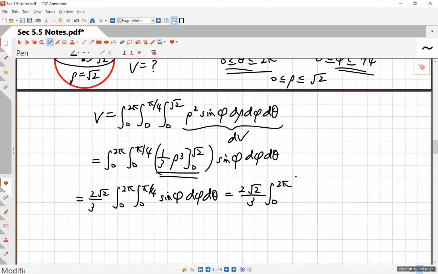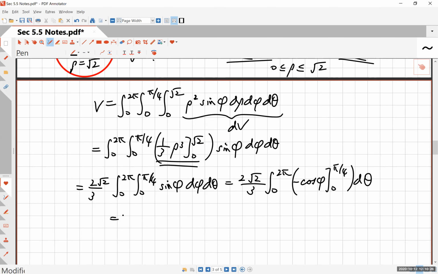And then you keep going, and of course, the antiderivative of sine phi is negative cosine, right? And then you go from 0 to pi over 4, and then you have d theta. Okay, so let's just look at this here.